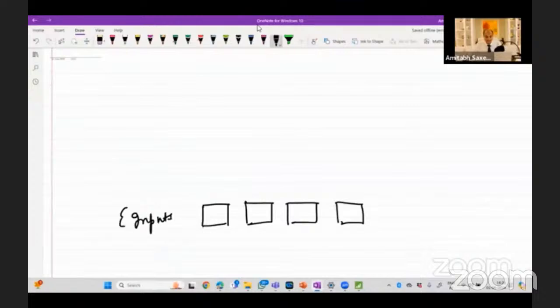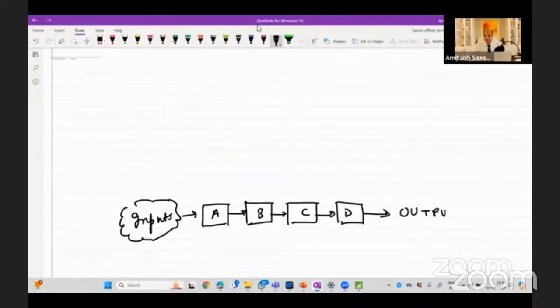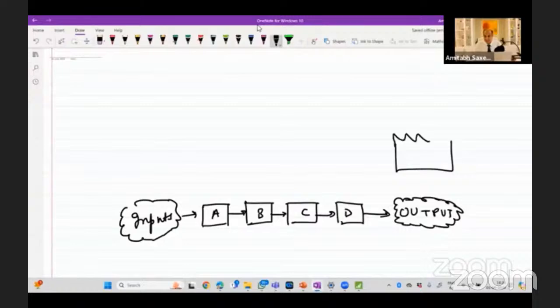it is taking certain inputs, and through a series of process steps, it is converting them into an output which is consumed by the customer. Okay. The outputs are consumed by the customer.